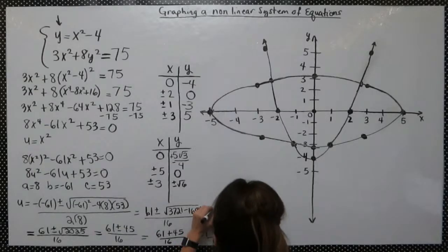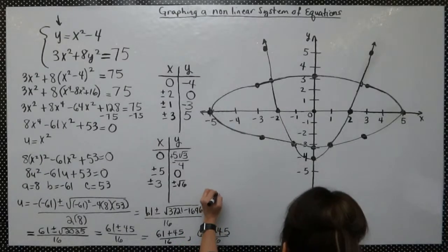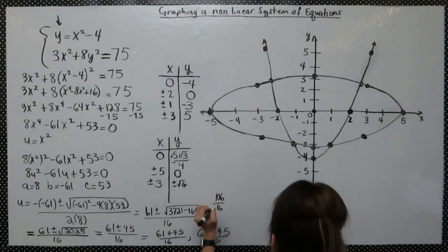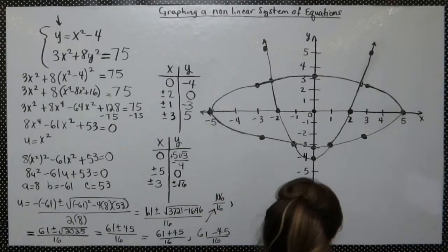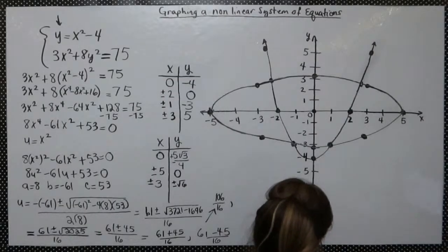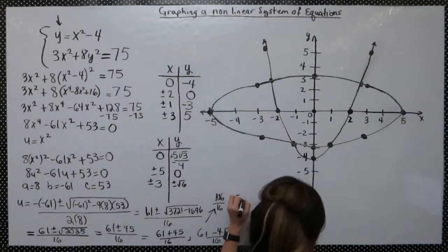So finally we have 106 over 16, and this one is 106 divided by 16, which reduces down to 53/8.